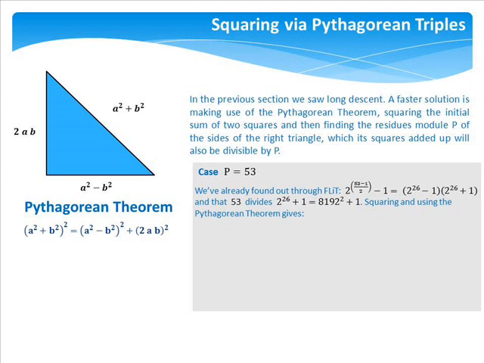Continuing with case prime 53, Fermat's little theorem and Euler's criterion help us discover that 53 divides 2 raised to 26 plus 1, which equals 8,192 squared plus 1. By squaring and applying the Pythagorean theorem, we get this.